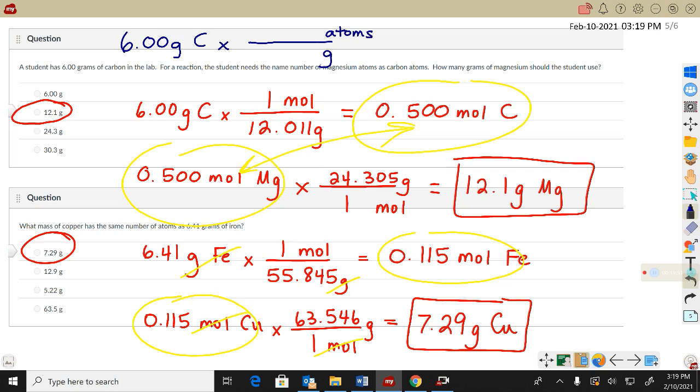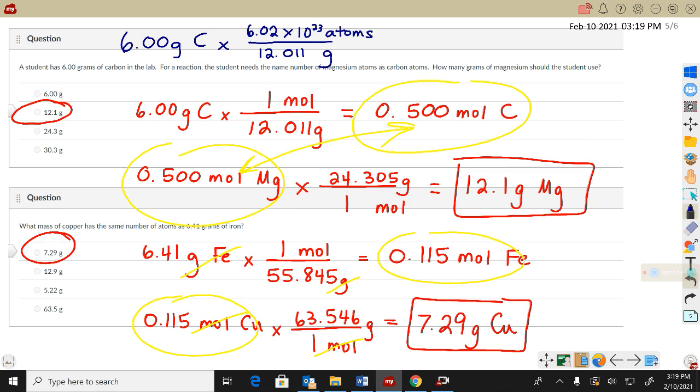Whenever you see atoms or molecules, it's the 6.02 times 10 to the 23rd. Anytime you see grams, it's off the periodic table. 12.011.